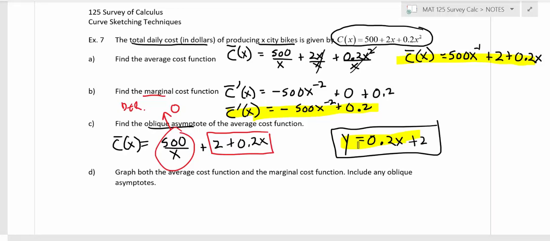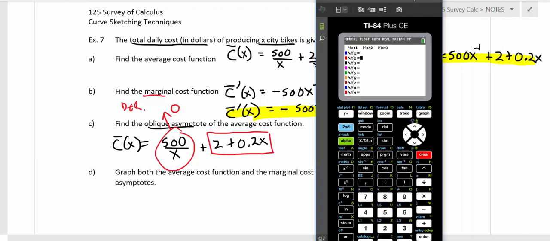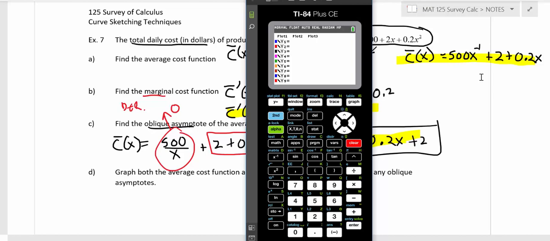Okay, so we're going to graph, and we're going to find the minimum average cost, and we're going to do this on the calculator. So what we're going to put in is these two things. You want to put the average cost in. The average cost is this thing I have in yellow, and you can put in the negative exponent, doesn't matter.